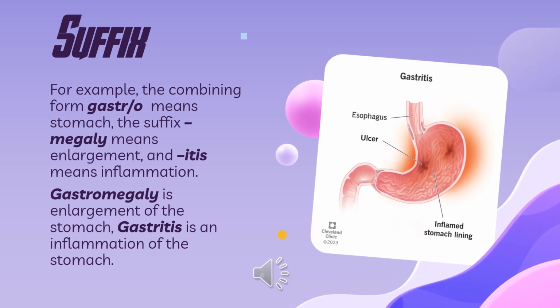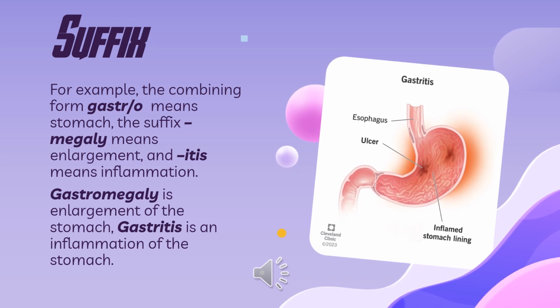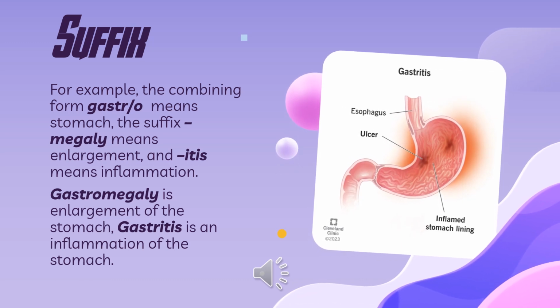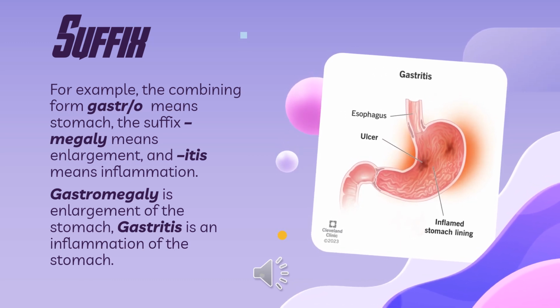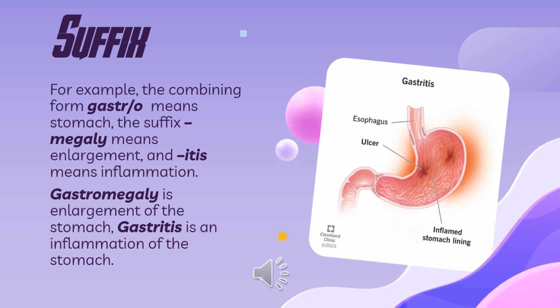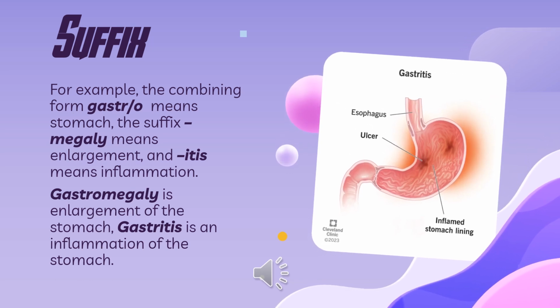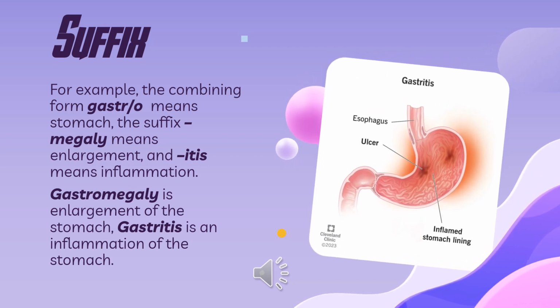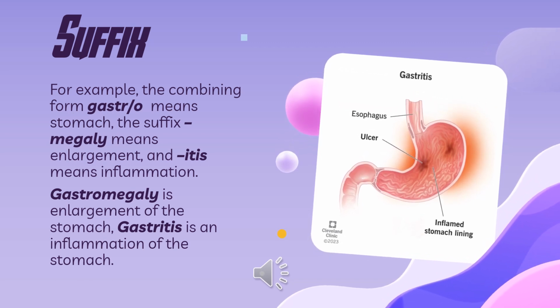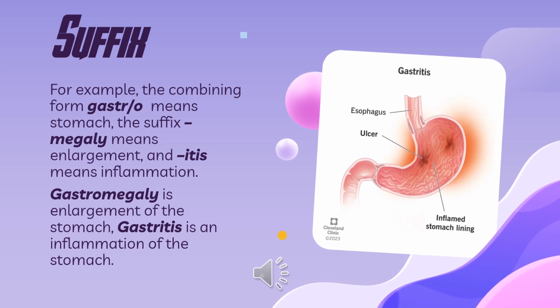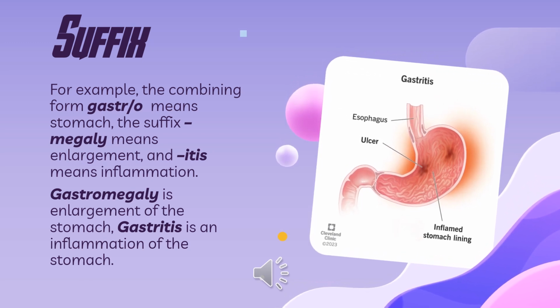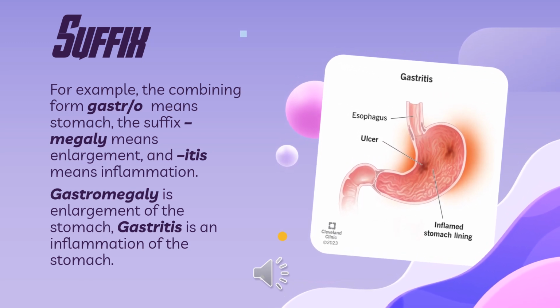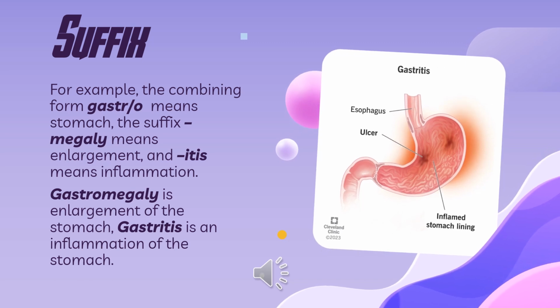Another example here is the combining form gastro, meaning stomach, and the suffixes megaly, meaning enlargement, and itis, meaning inflammation. Gastromegaly is enlargement of the stomach. Gastritis is the inflammation of the stomach. Whenever you change the suffix, you change the meaning of the word. It plays a crucial role in medical terminology, helping with precision and clarity.